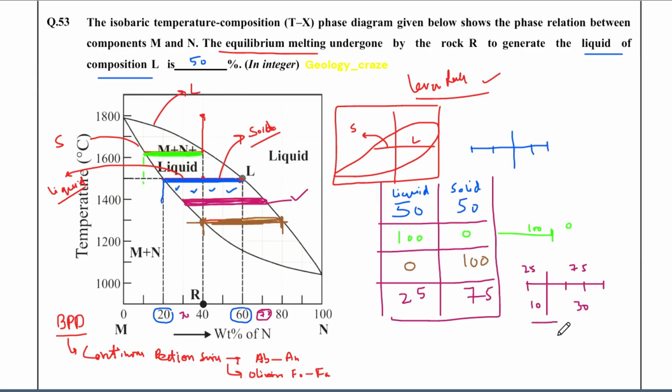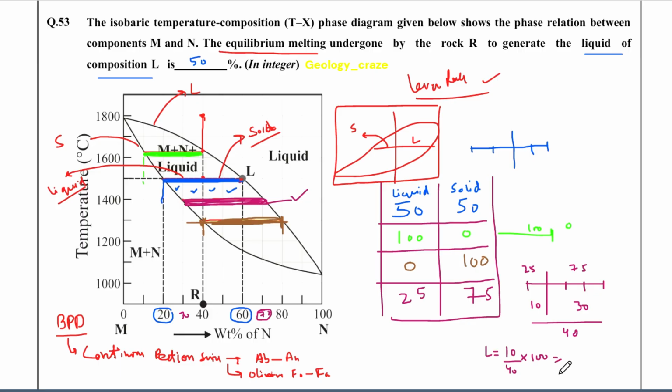Total is 40. To calculate liquid, how much is the liquid? This side is our solid, this side is our liquid. So liquid is 10 divided by total. Total is 40, into 100.